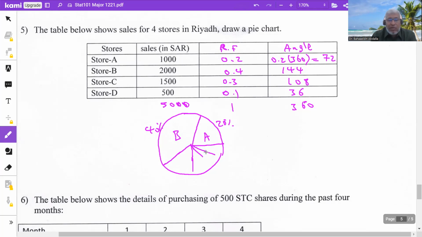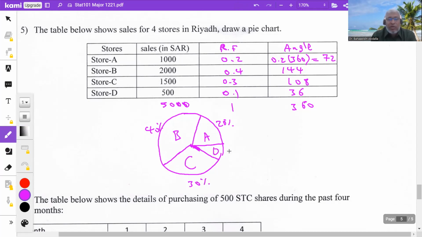So 36 could be somewhat here up to here. So this would be C and this would be store D. This is 30% and this is 10%. This could be the pie chart.